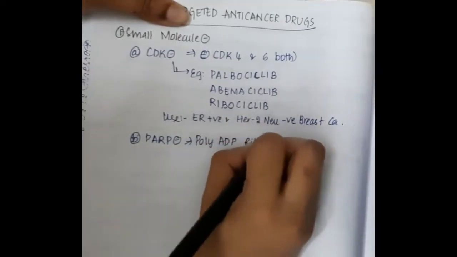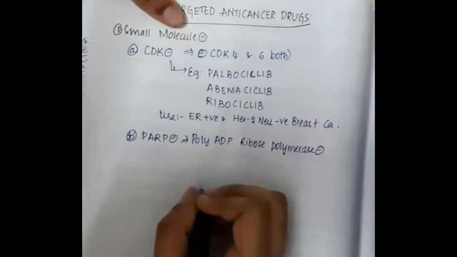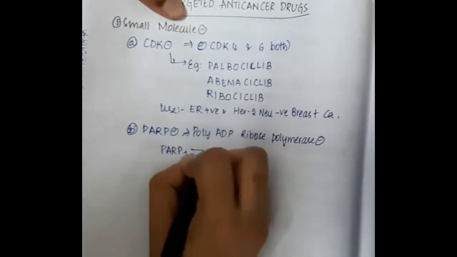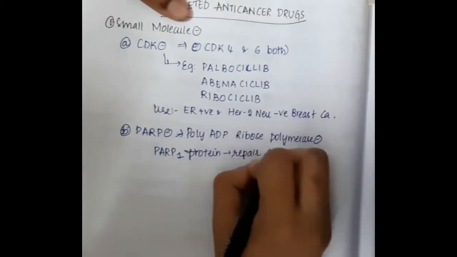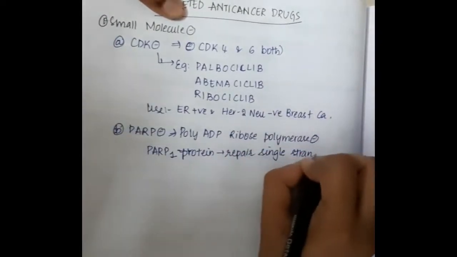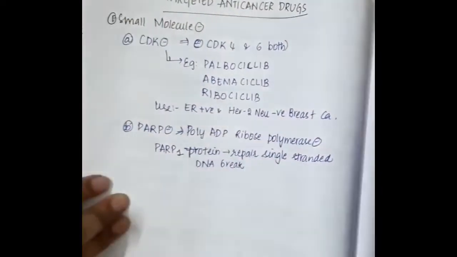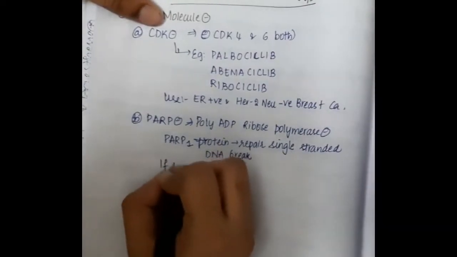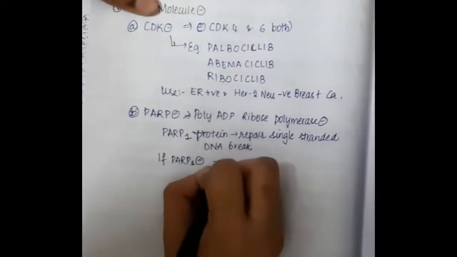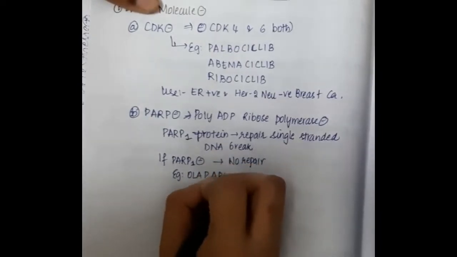Then we have PARP inhibitors. PARP inhibitors are poly-ADP ribose polymerase inhibitors. This protein repairs single stranded DNA breaks. If PARP inhibitors are present, no repair is seen.